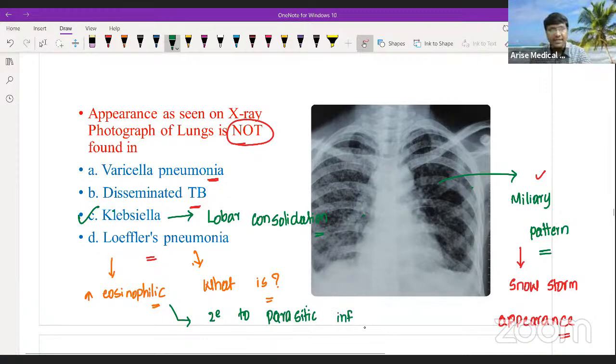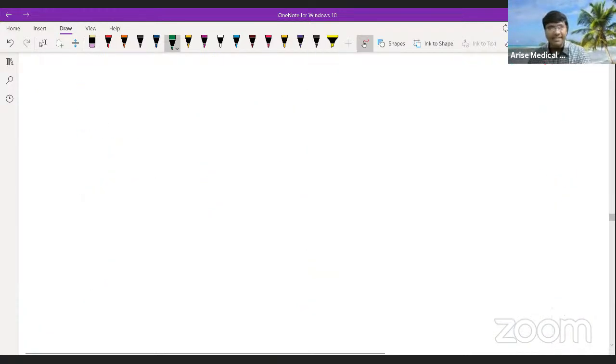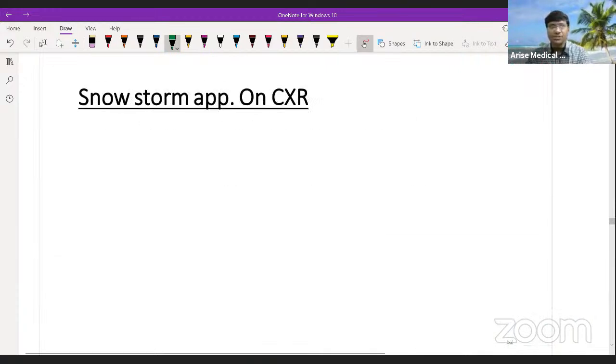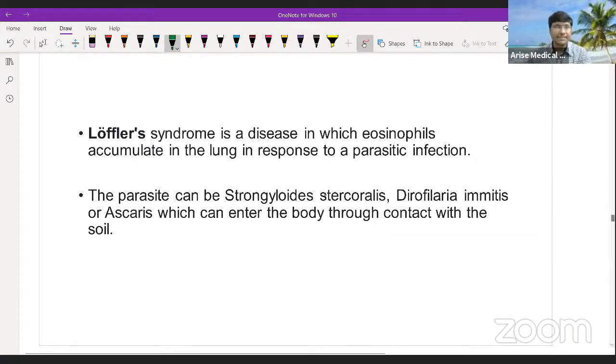Now the question comes again: what is that particular parasitic infection which will cause Loeffler syndrome? This parasitic infection includes Strongyloides stercoralis, Dirofilaria immitis, or Ascaris.